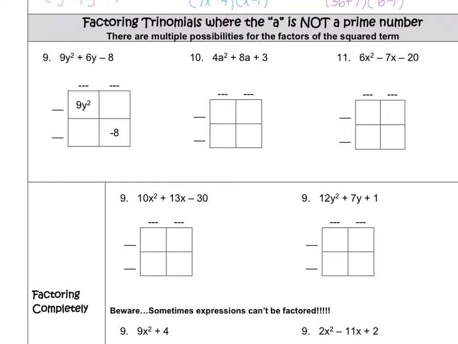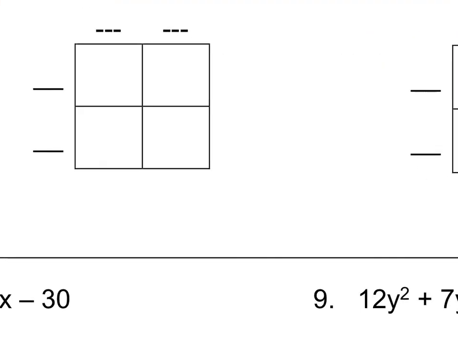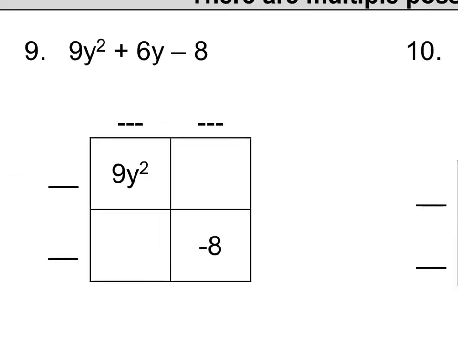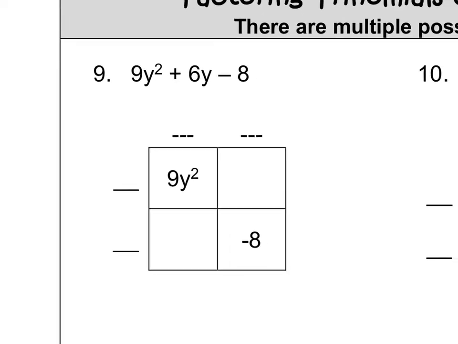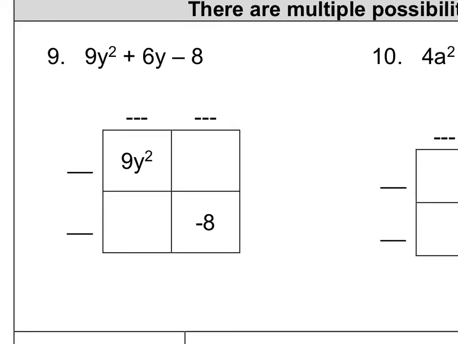So on number 9, we know that we need to get factors of 9 times negative 8, which is negative 72. So I'm going to start there. I'm going to make this a lot bigger. Okay, and I'm going to get my factors for 9 times negative 8 is negative 72.